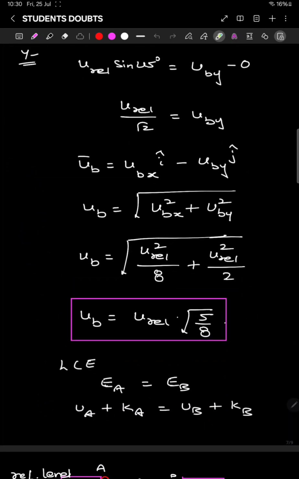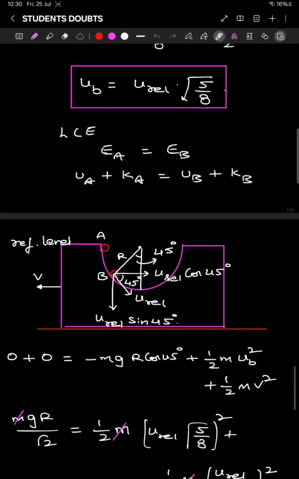Now everything is smooth. Let us apply the law of conservation of mechanical energy. Energy at A equal to energy at B. Let us take this as the reference level. On this reference level, potential energy at A is 0. Initially at rest, kinetic energy is 0. As it reaches B, the potential energy will be for the height from here to here.